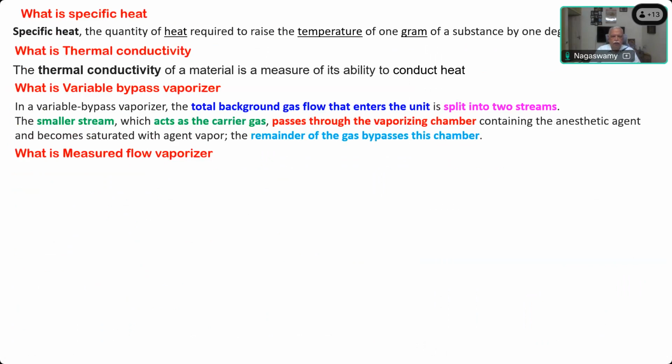But what is a measured flow vaporizer, which we have already seen in the last class when we talked about desflurane? Sir, how much ever is the flow set, only the flow which is set is delivered. In variable bypass, it is the percentage of flow.